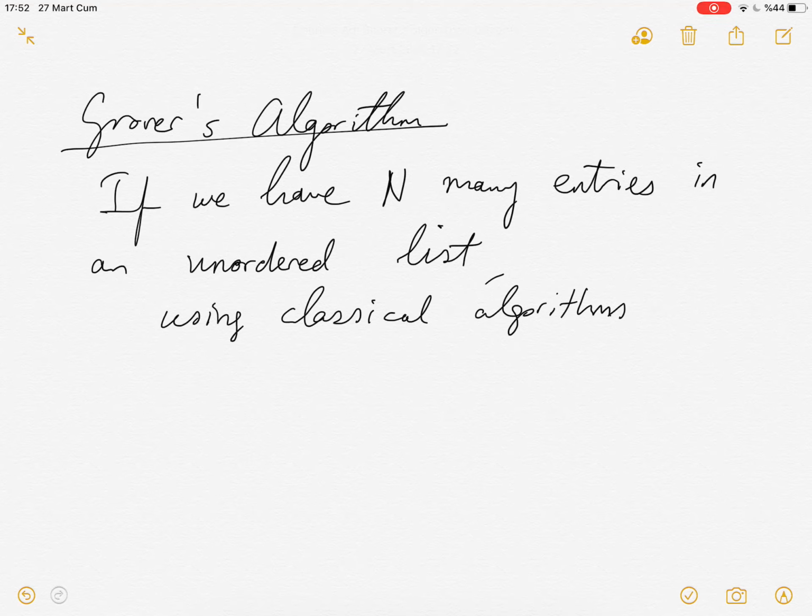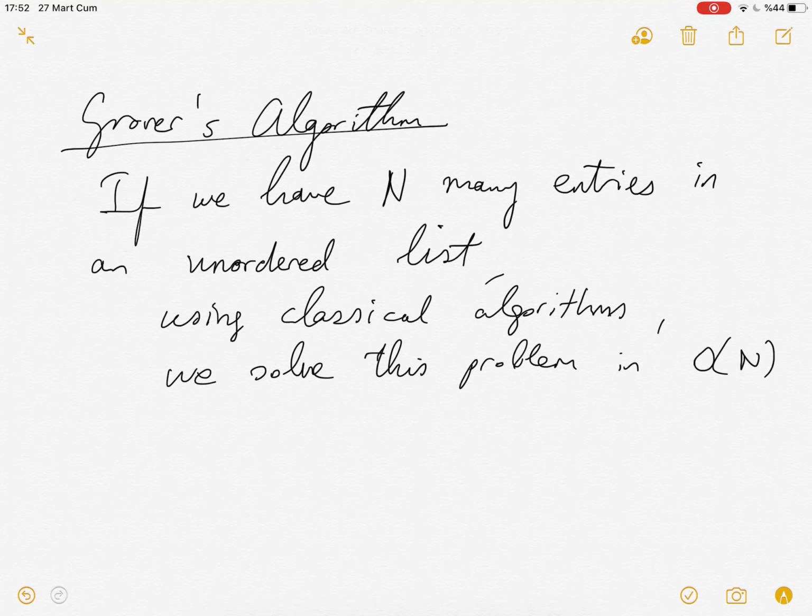Then we can solve this problem in at most the order of n, in big O n steps.